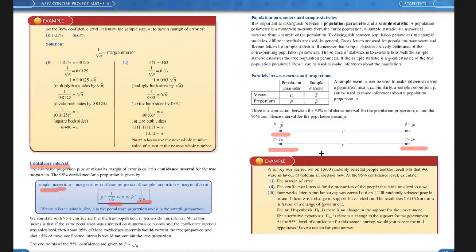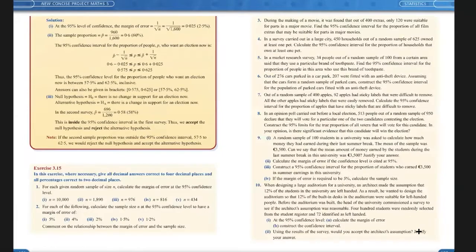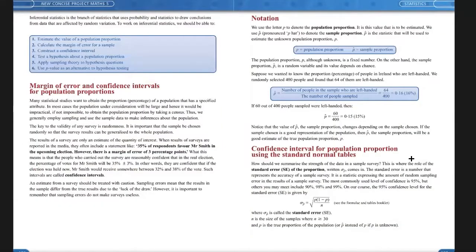Now, 1 over root n was the formula used for margin of errors in all of the older papers. So if you're practicing exam papers and you're going back through the years, and you look at the solutions on examinations.ie or wherever you choose to look at them, you'll find that the margin of error was all done with 1 over root n.